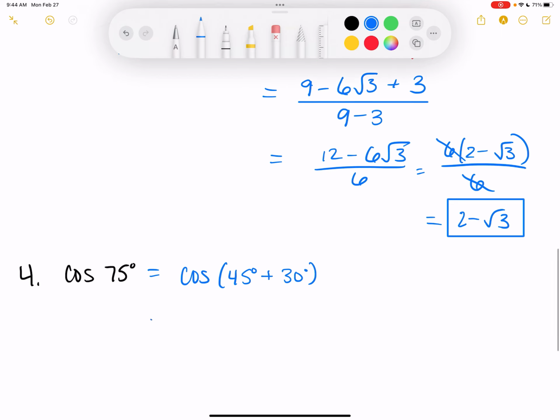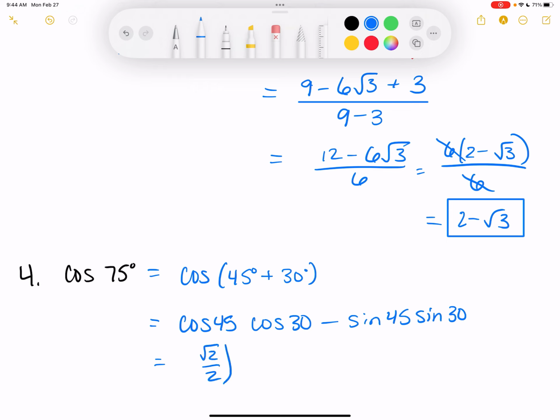So this is going to be cosine 45, cosine 30, opposite sign, minus sine 45, sine 30. Cosine of 45 is root 2 over 2.